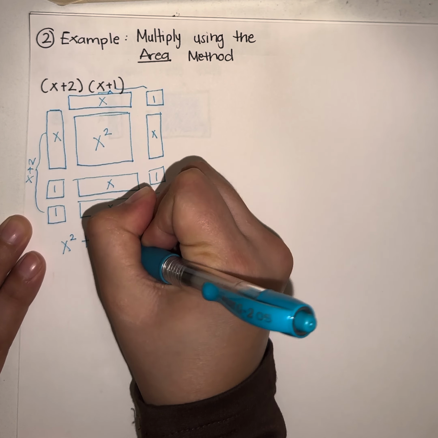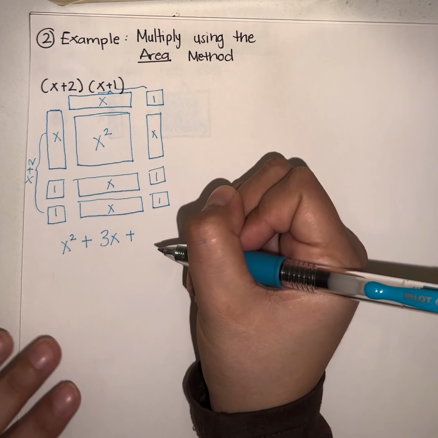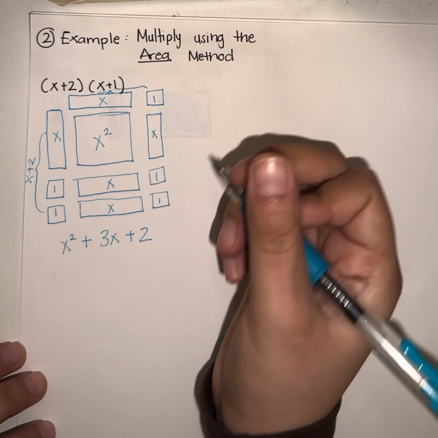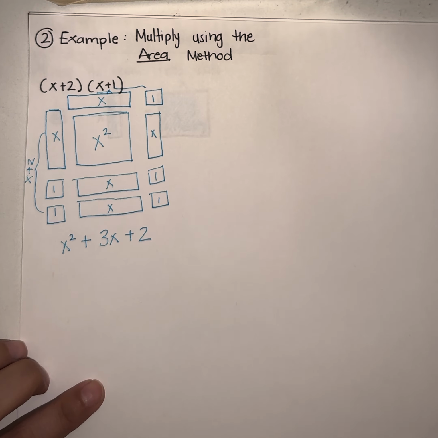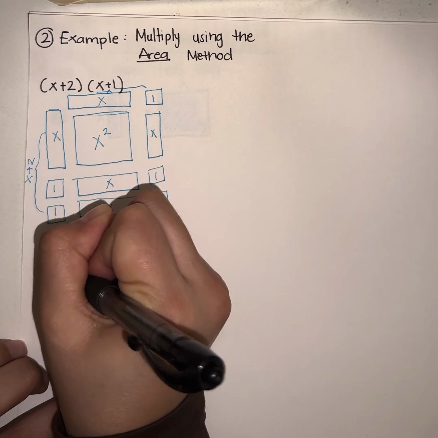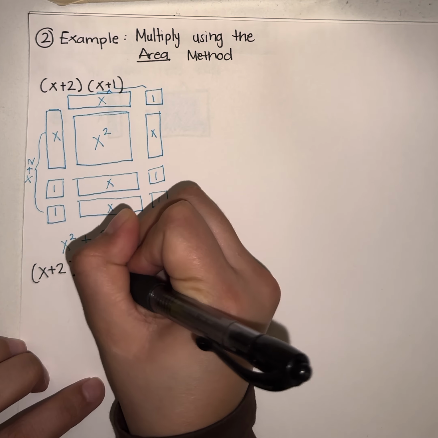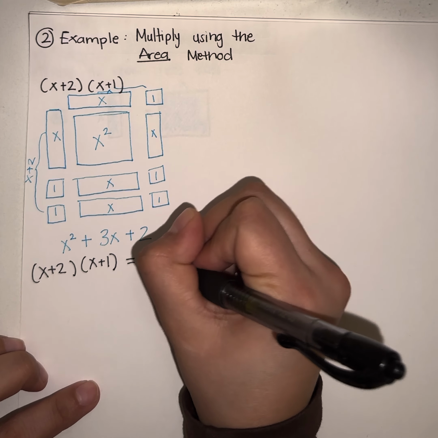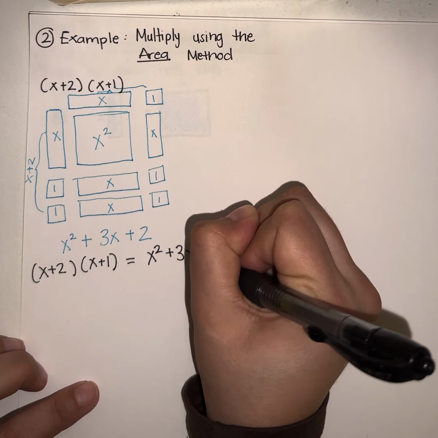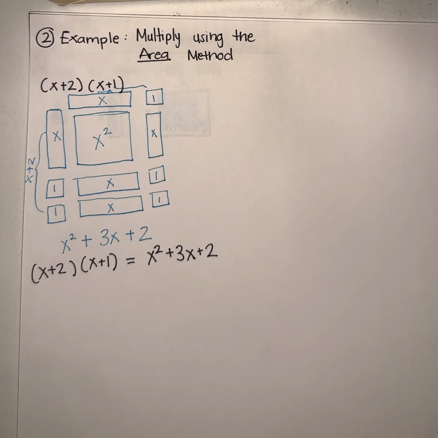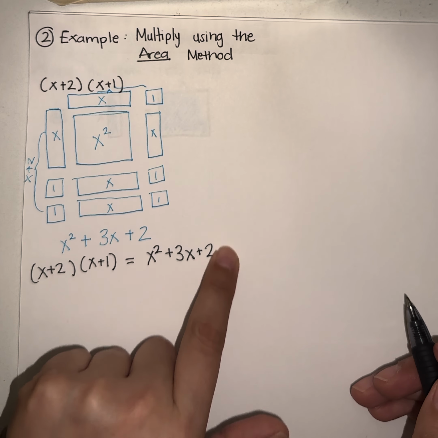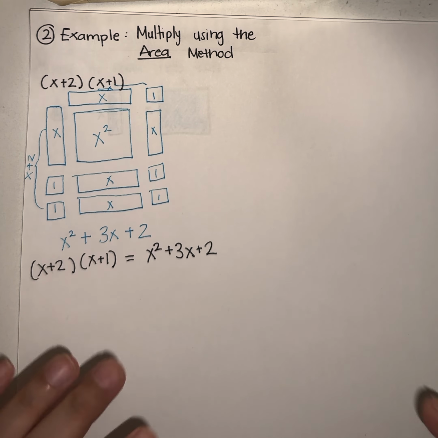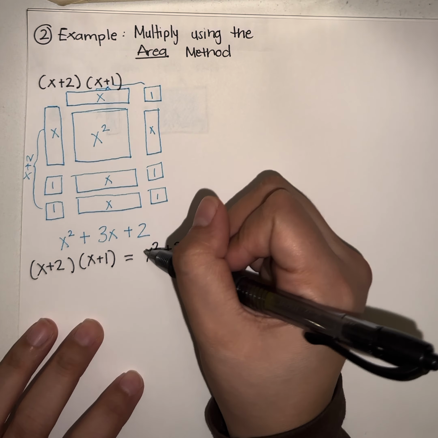So that's 3x plus how many ones did we get? We got 1, 2, plus 2. So that means that x plus 2 times x plus 1 is equal to x squared plus 3x plus 2, which is represented also in the figure that we created over here. All right, perfect. Now this is our answer.